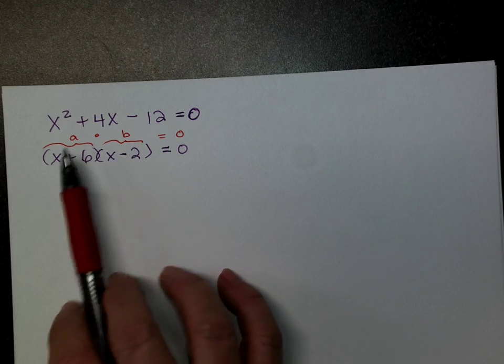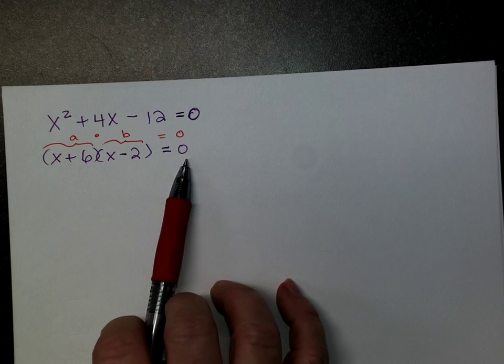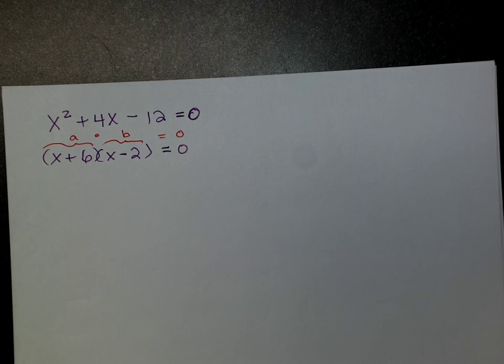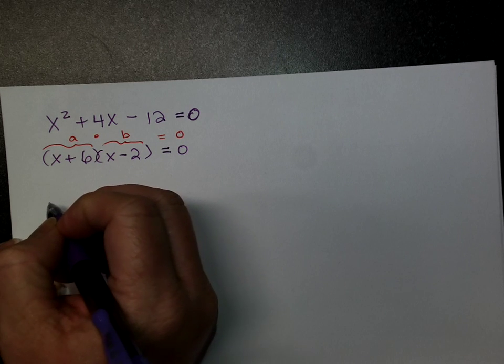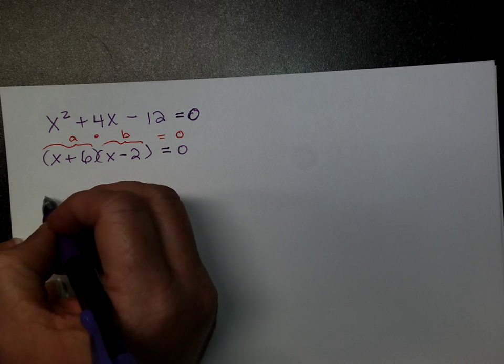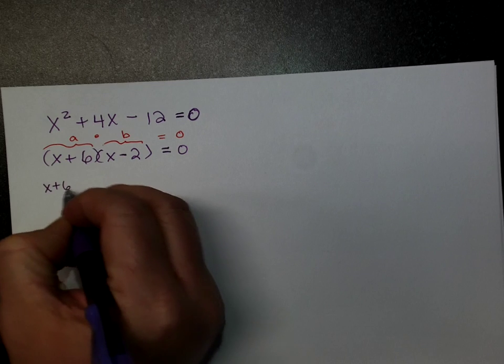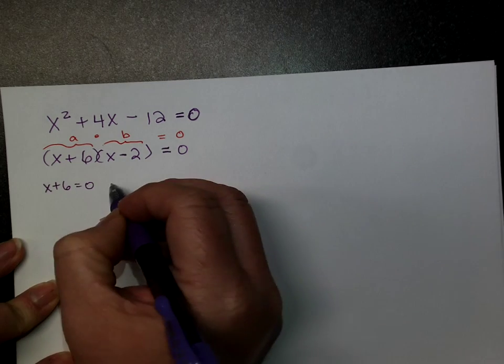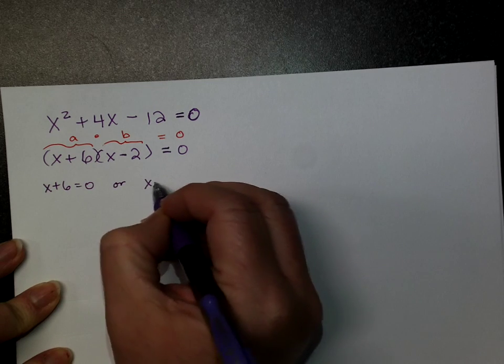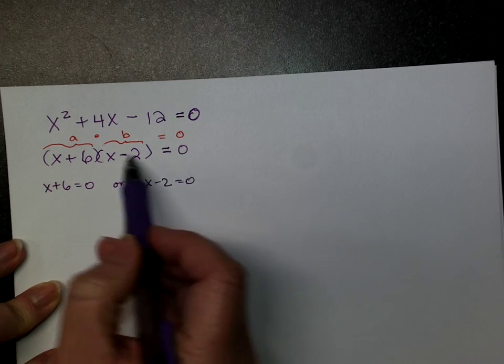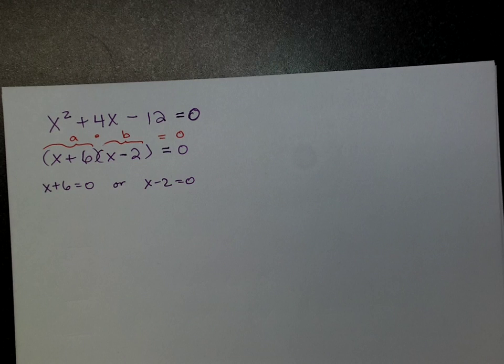It doesn't matter what this is because this times 0 would equal 0. So these are 2 different possible solutions. I have 2 linear factors, and each linear factor gives me a linear equation by the 0 factor property. X plus 6 equals 0 is one of my solutions, because if that equals 0, the whole thing is 0, or if x minus 2 equals 0, then that'll make the whole thing 0, and that would be one of my solutions.